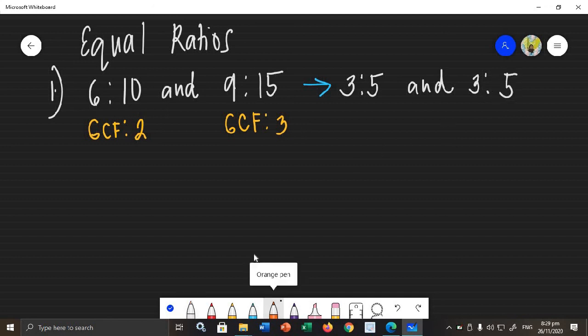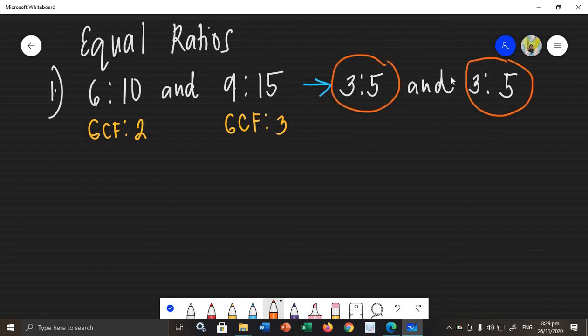So now, right after natin makuha yung lowest term nila, we come up with the same ratio or the same value. Therefore, we can now conclude that example number 1 is an equal ratio. Or si 6 is to 10 and 9 is to 15, they are equal ratios.